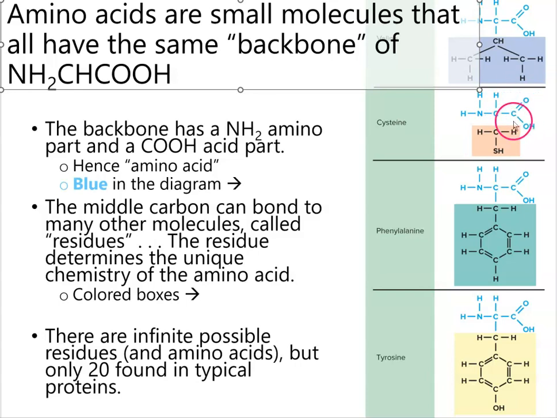And the way proteins are made is they just bond this carbon to the nitrogen of the next amino acid. And it has its own carbon, which bonds to the next amino acid of the protein. Let me say that again.